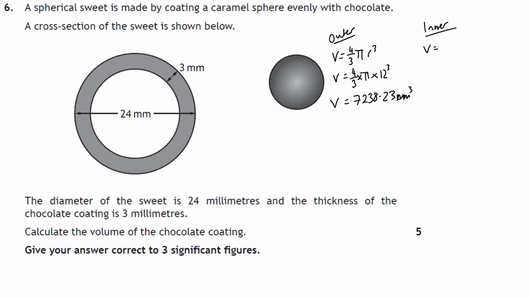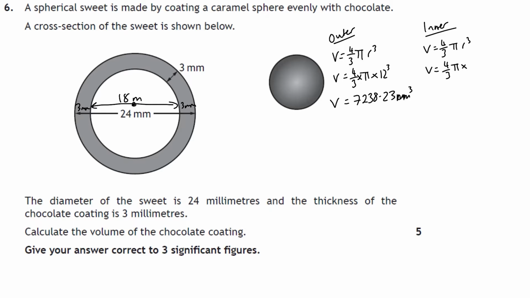The inner is the same formula because we're dealing with two spheres here, so it's 4/3 pi r cubed again, but the radius is going to be different here for the inner, kind of the white shape. So it's 4/3 times pi times, now we've got 3 millimeters at each side, so in total we're taking 6 millimeters away from the diameter. So that leaves us with 18 for the diameter of the white section.